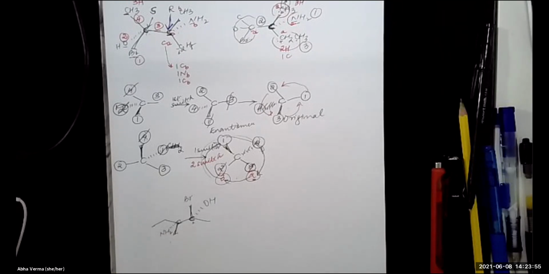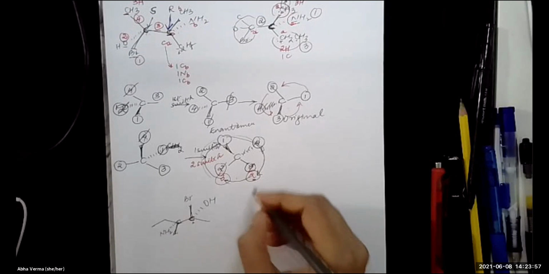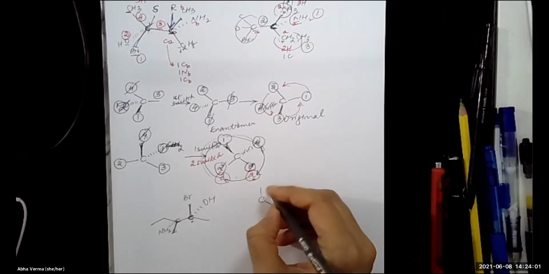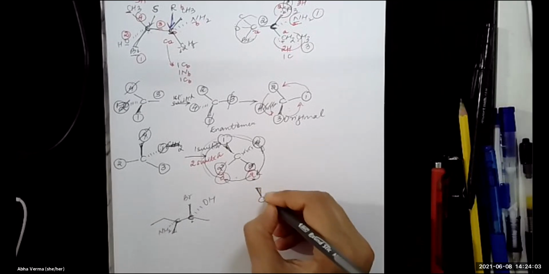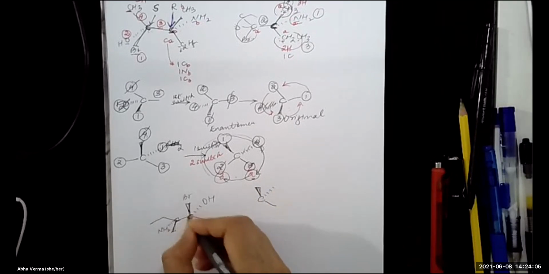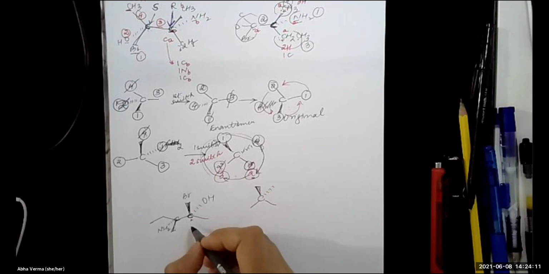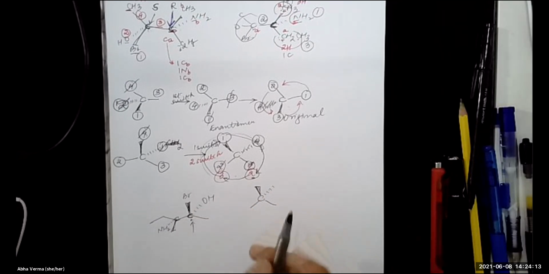So looking at this, where is my orientation? I'm going to do my orientation. Remember, this is my dash wedge bond. Keeping my orientation intact. Okay, I'm focusing on this right now.